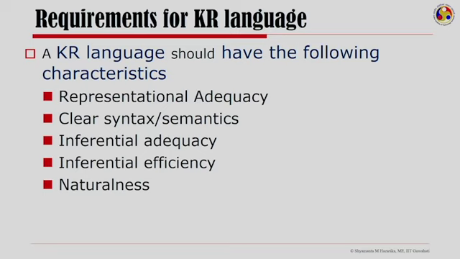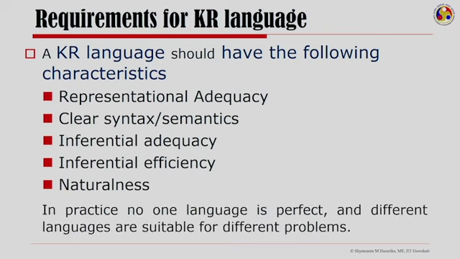We will come back to this when we talk of what we mean by a KR language being natural. Now, in practice, no one language is perfect, and different languages are suitable for different problems.